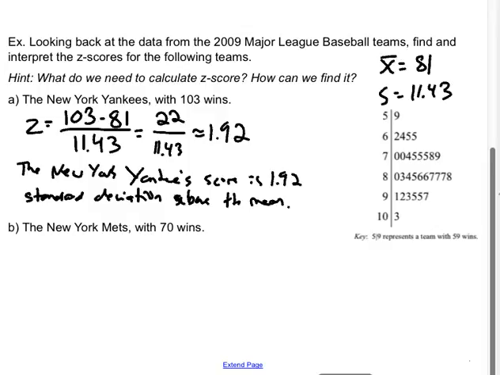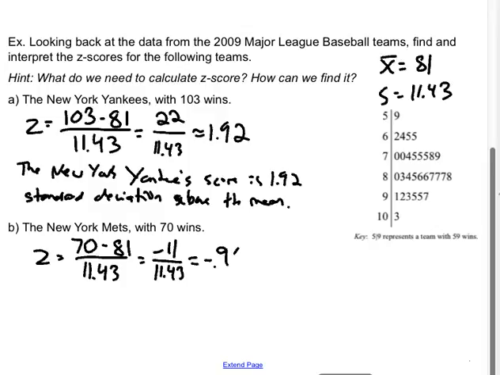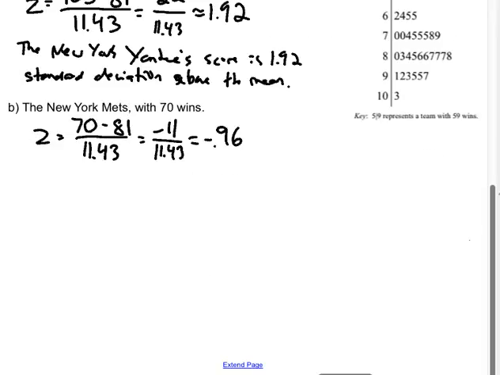How about the New York Mets? Well, they scored 70. So 70 minus 81 over 11.43. 70 minus 81 gives us negative 11 divided by 11.43, which is about negative 0.96.